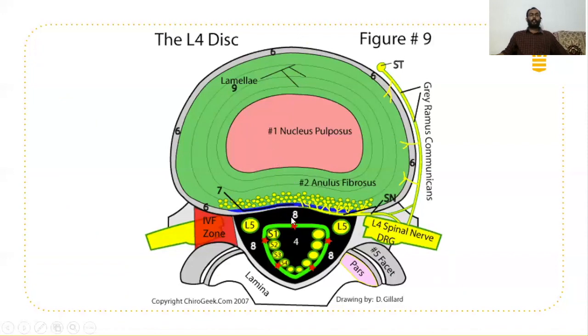When it is centrally bulged, then it causes spinal canal stenosis. That means whenever it is bulged centrally, directly posteriorly, it causes spinal canal stenosis, narrowing of the spinal canal.